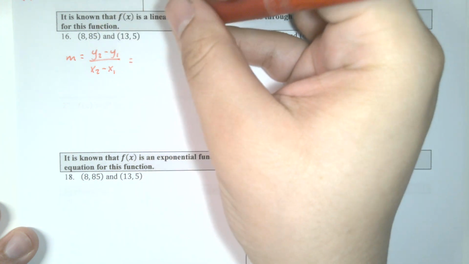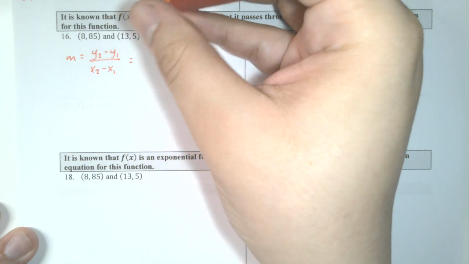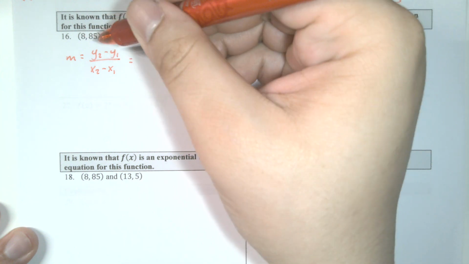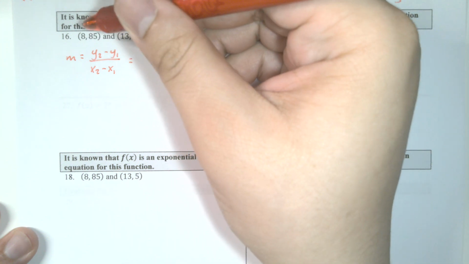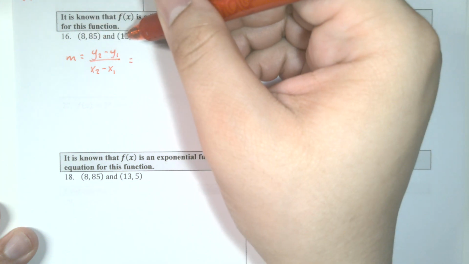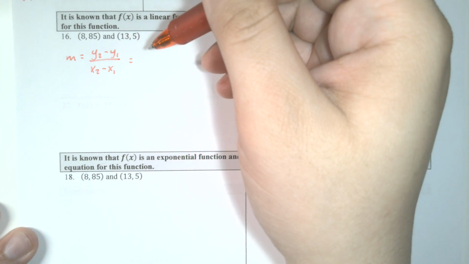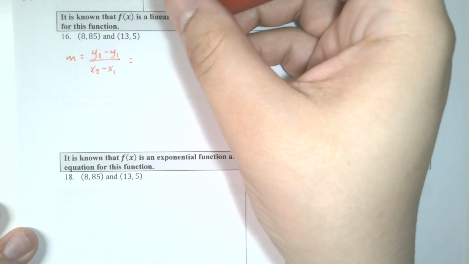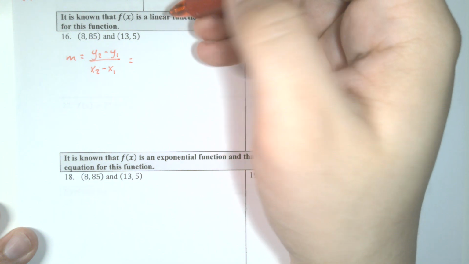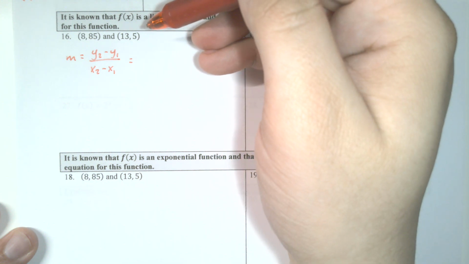But plugging in these values, I'm going to choose this point to be my x2, y2, and this point to be my x1, y1. Because it doesn't really matter which point you assign it to be.